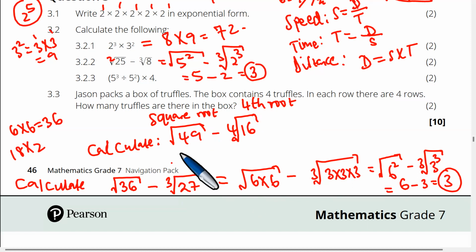So here for the square root, we looked for the number that you can multiply with itself 2 times. Square means 2 times. So you look for a number you can multiply 2 times with itself to get 36, and the number was 6 by 6, because 6 by 6 is 36.